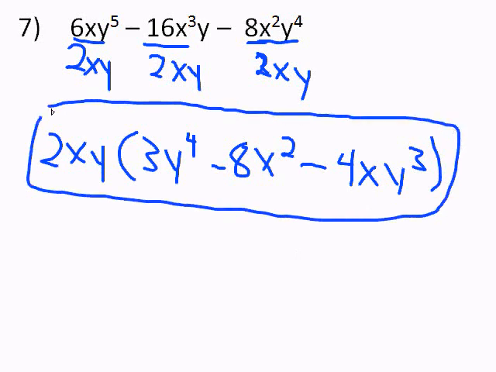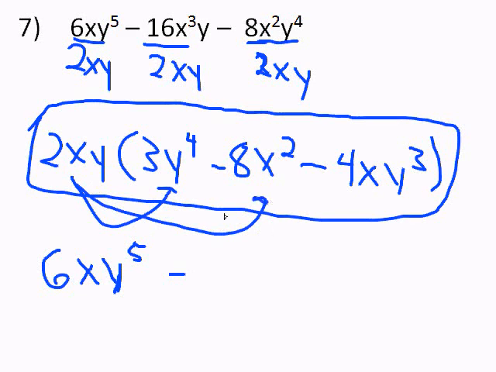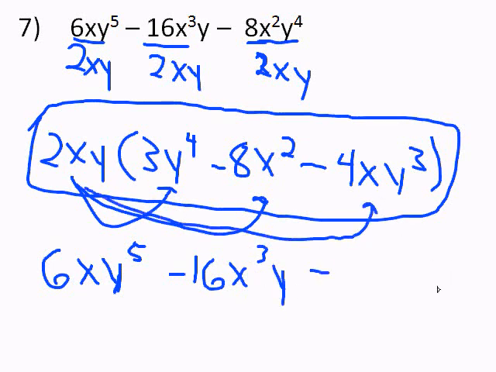We can always check that by distributing 2xy. 2xy times 3y to the fourth gives us 6, x times nothing is x, y times y to the fourth is y to the fifth, minus 2xy times negative 8x squared gives us negative 16, x times x squared is x to the third, and we get a y, minus 2xy times negative 4x y to the third gives me negative 8x squared y to the fourth, because x times x is x squared, and y times y to the third is y to the fourth.